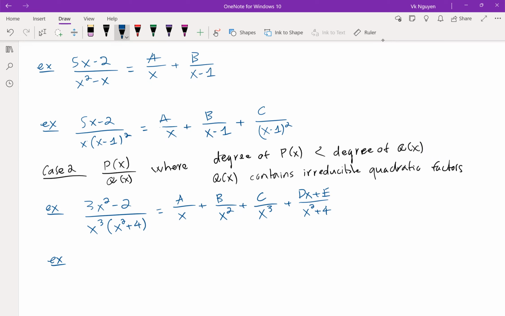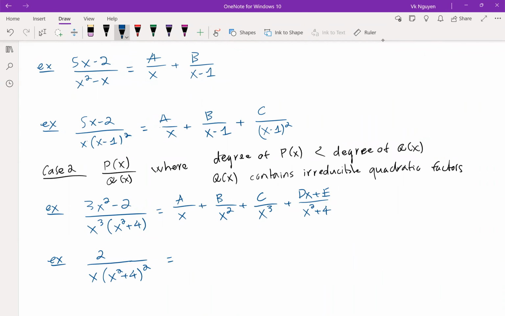Here comes another example. Let's say we have 2 over x times (x squared plus 4) squared. So we have an irreducible quadratic factor that has a power of 2.